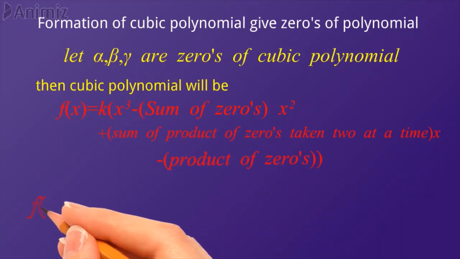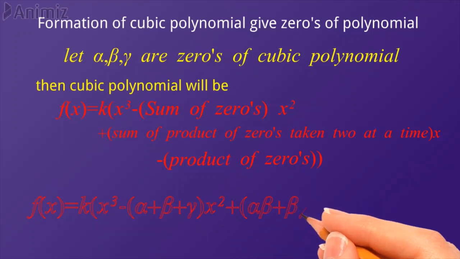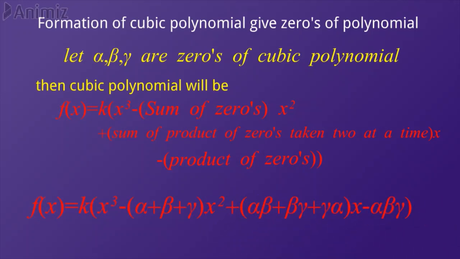That is, k into x cube minus (alpha plus beta plus gamma) into x square plus (alpha beta plus beta gamma plus gamma alpha) into x minus alpha into beta into gamma. So this is how we can formulate the cubic polynomial given the zeros of the polynomial.